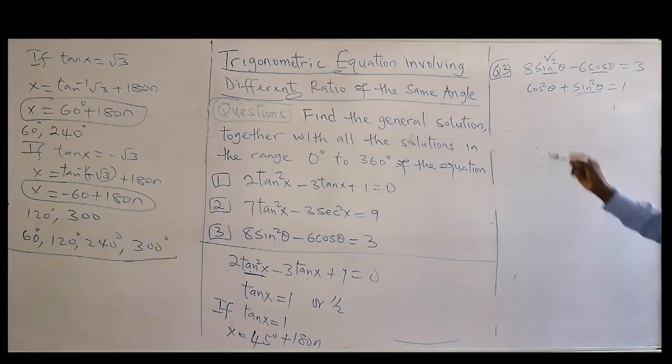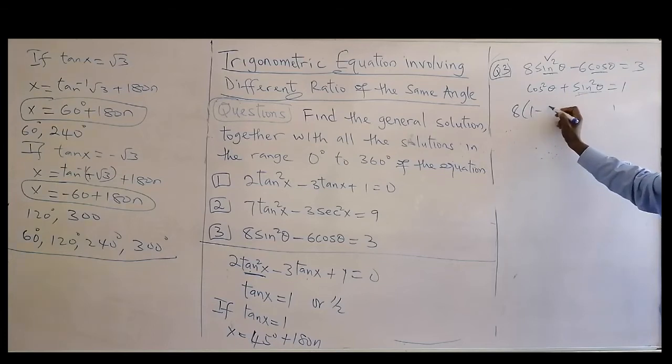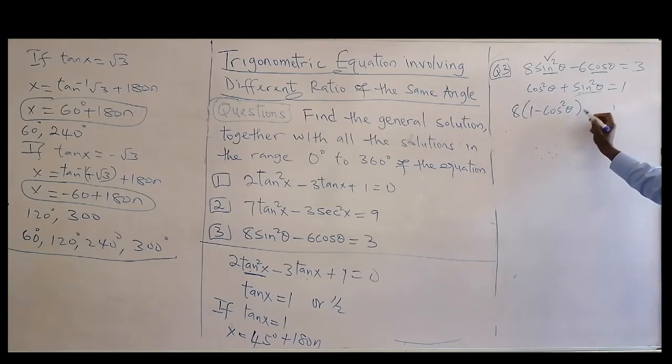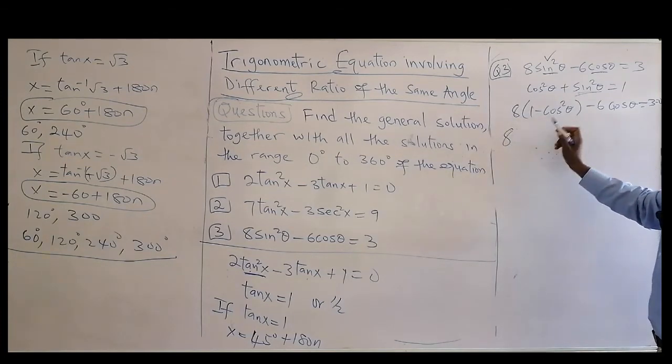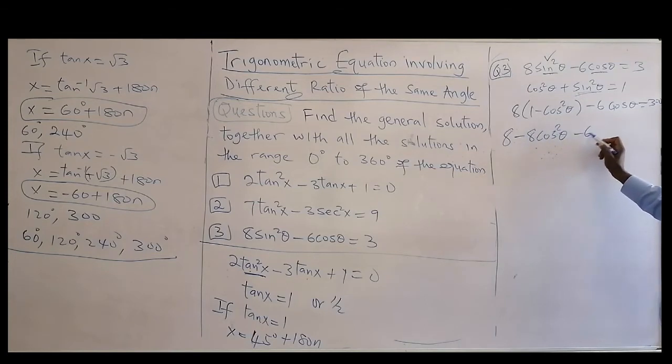Then you have 8 into bracket 1 minus cos squared theta, minus 6 cos theta, minus 3 equal to 0. Okay, move that 3 to the left hand side. Then can you expand? That will be 8 times 1, and then 8 times this one minus 8 cos squared theta, minus 6 cos theta, minus 3 equal to 0.